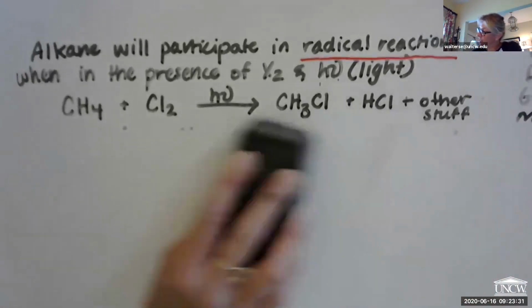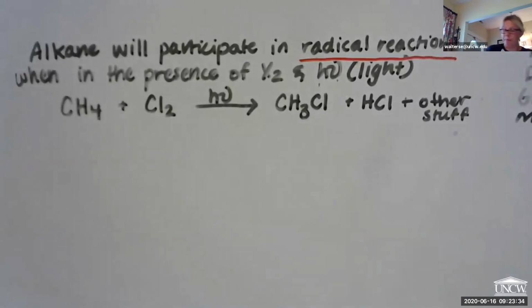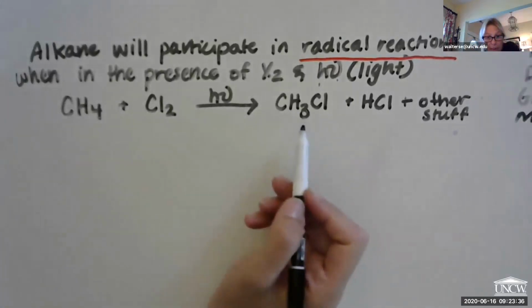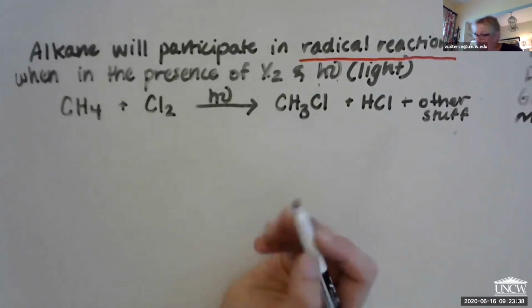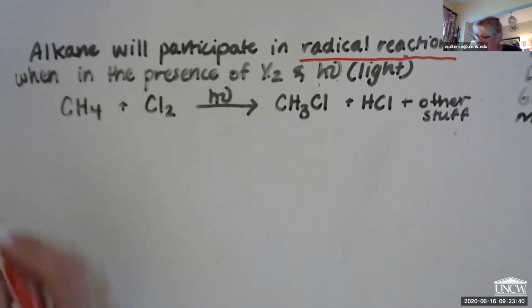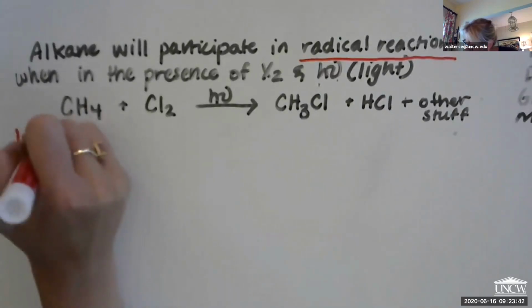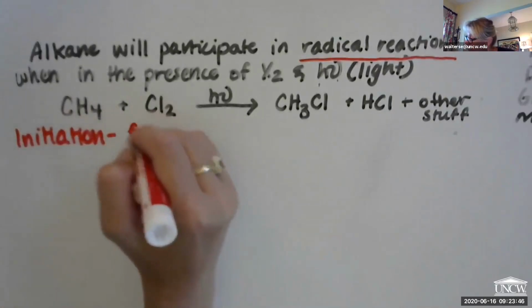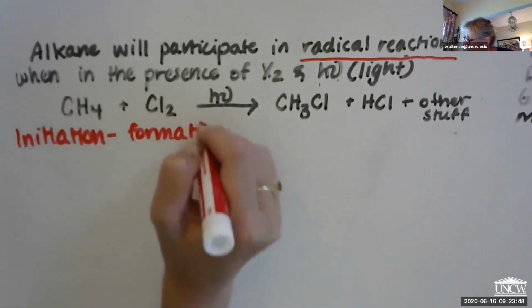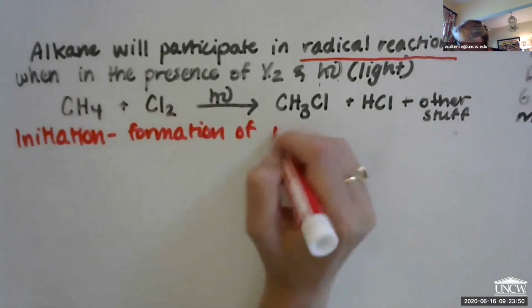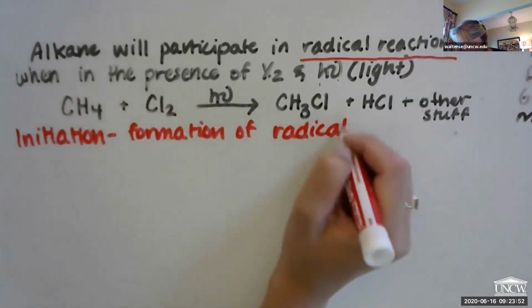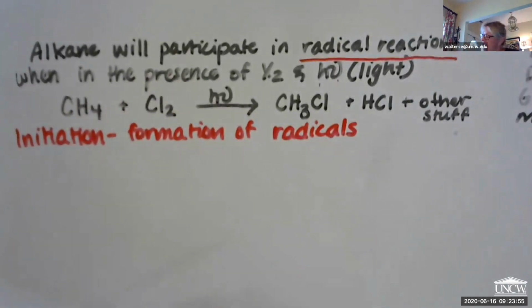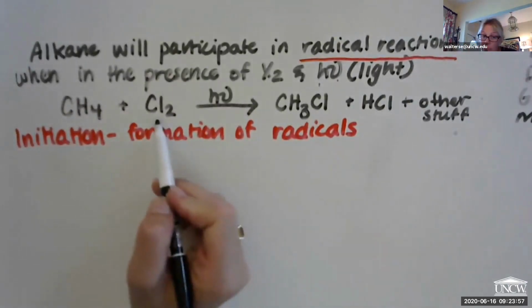In this reaction where we have the formation of chloromethane, the first step is initiation, which is always formation of radicals. The initial formation of the radical involves only the chlorine.